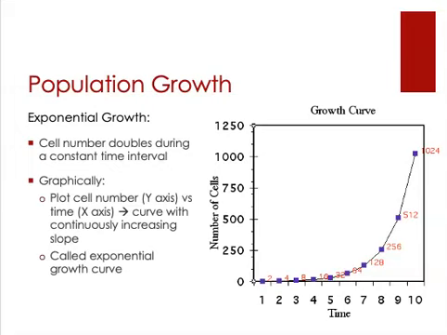Now, sometimes when we're first working with bacteria in the laboratory, we may not know what the generation time is for that particular species of bacteria, but it's okay because we can still determine generation time just by growing them in the incubator.